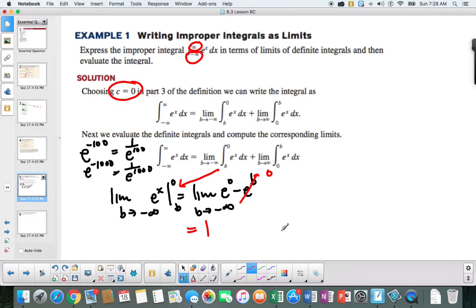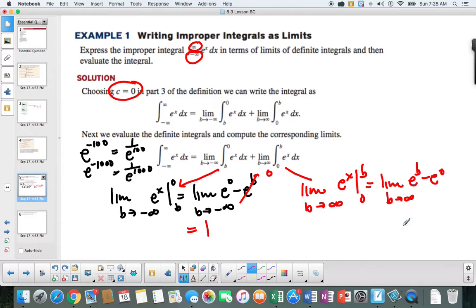Now let's see what happens with this other one. So we're going to take the limit as b approaches infinity, the antiderivative is e to the x, evaluated from 0 to b, and so this is going to be the limit as b approaches infinity of e to the b minus e to the 0.